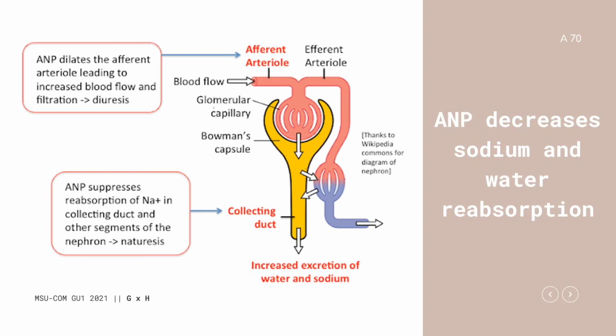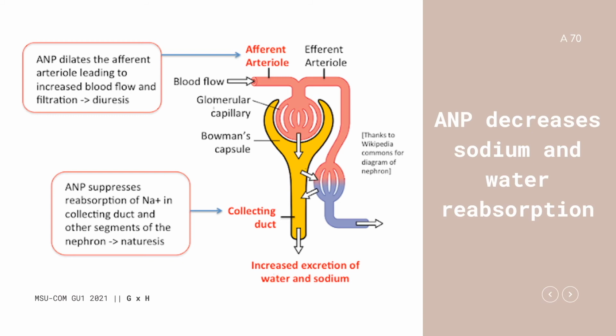Now, when these cells in the right atrium are stretched in cases of increased blood volume and blood pressure, atrial natriuretic peptide is released. Atrial natriuretic peptide directly inhibits the reabsorption of sodium and water, consequently, by the renal tubules, particularly in the PCT and the collecting duct.